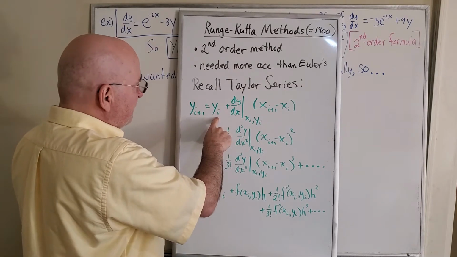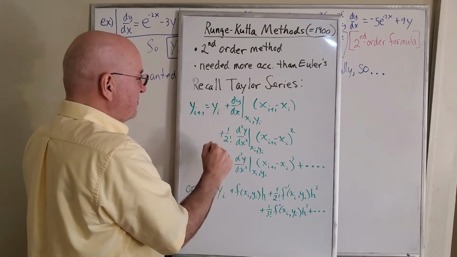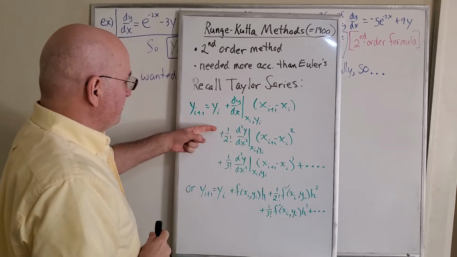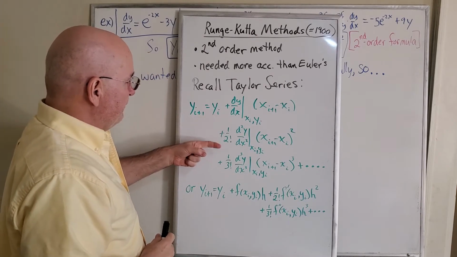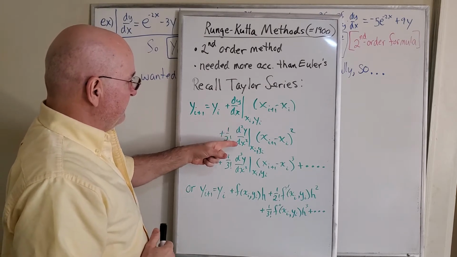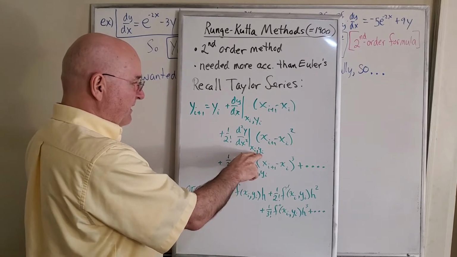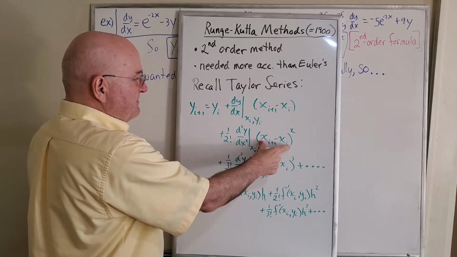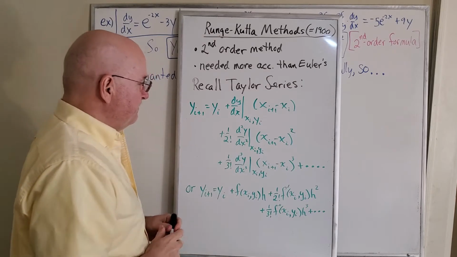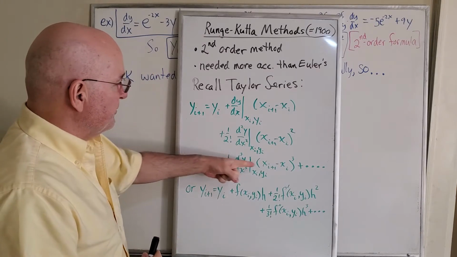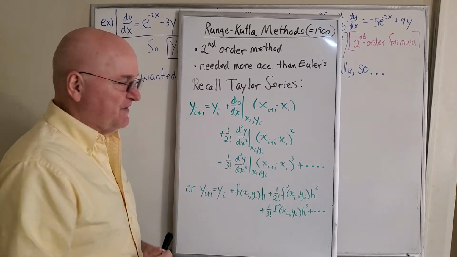This is the zero order term, the first order term, and then here's the second order term, 1 over 2 factorial, second derivative of y with respect to x evaluated at xi, yi times the interval width squared, and so on to get the third term, and then it goes on forever, the Taylor series.